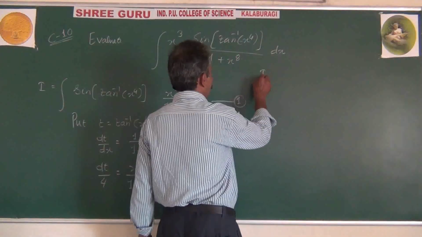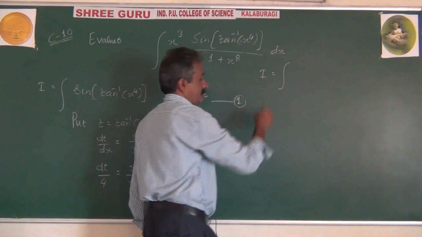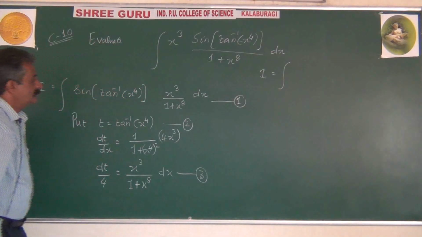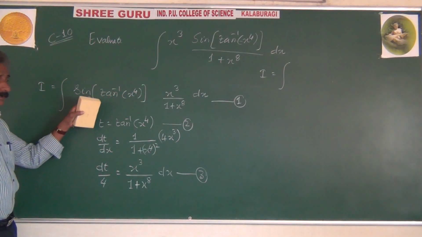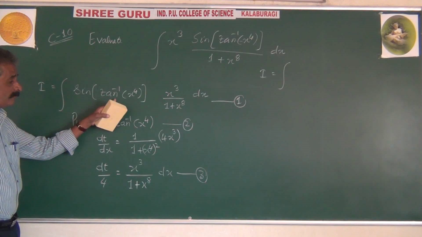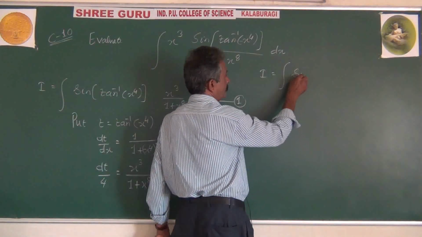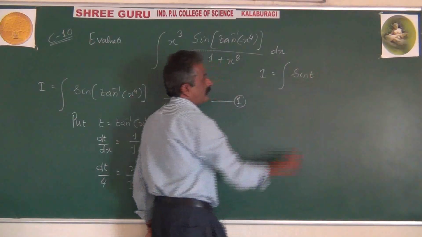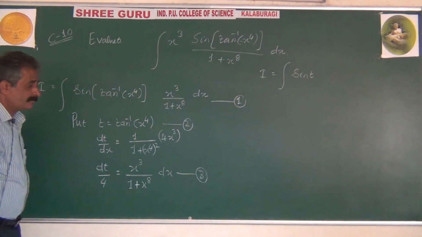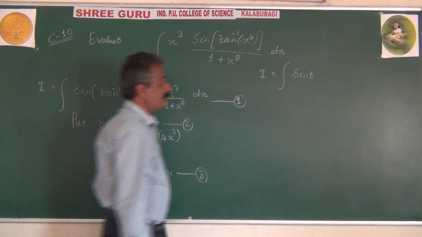So now I becomes integration of sine of tan inverse x power 4, whose value is taken as t, which becomes sine t. Remaining term will become dt divided by 4.